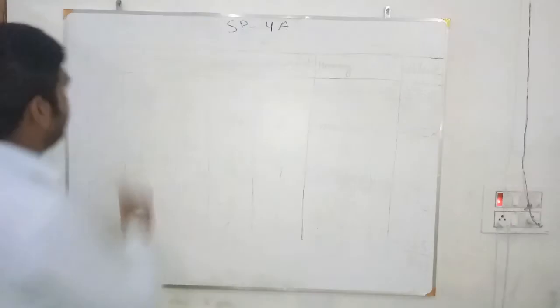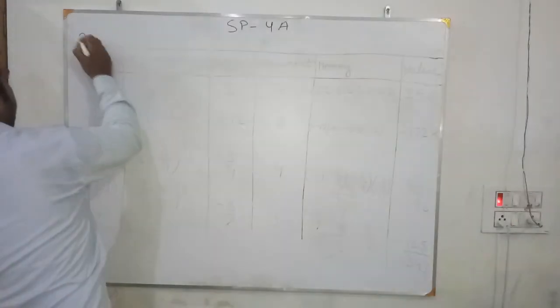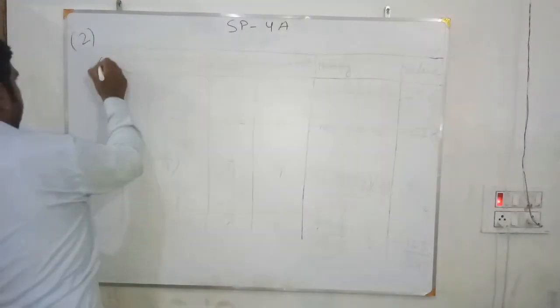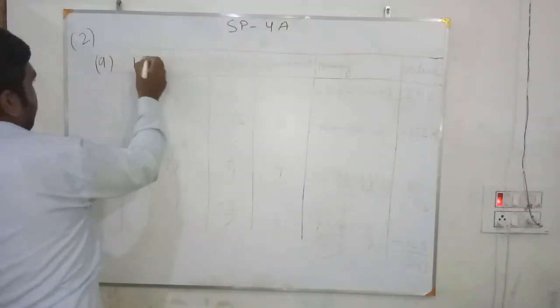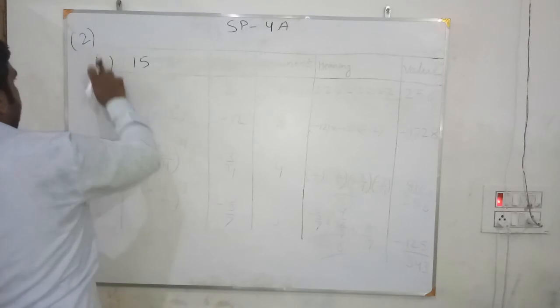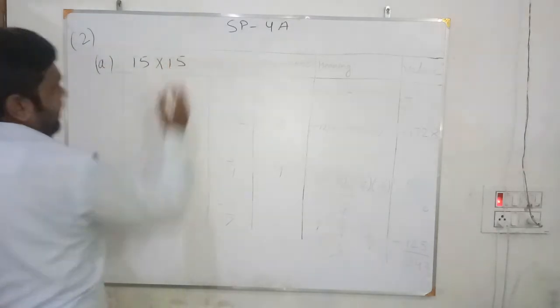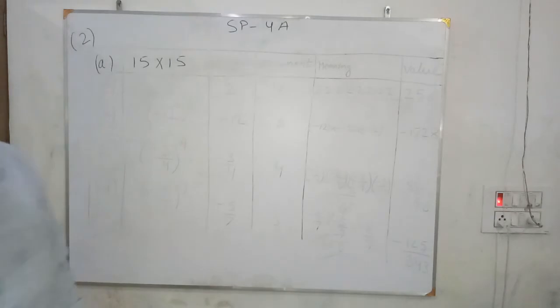Okay, now see the second question: write in exponential form. Second A: 15 multiply 15. So we have to write this in exponential form.